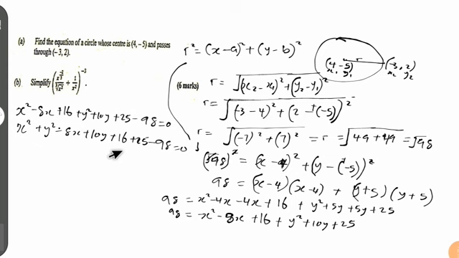So in this place then, 16 plus 25 minus 98 will give us minus 57. So we have our s square plus y square minus 8s plus 10y minus 57. So they will be equal to 0.